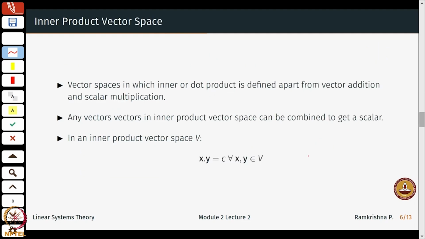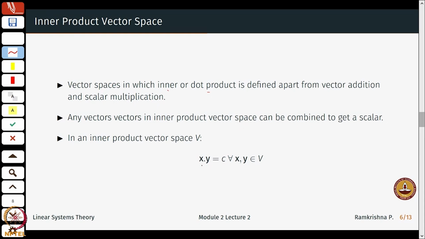Okay. So, continuing to introduce a few more concepts. We define the notion of an inner product vector space, which we also learnt as the dot product. It is a vector space in which an inner or dot product is defined, apart from vector addition and scalar multiplication as we saw in the definition of a vector space. Any vectors in an inner product space can be combined to get a scalar.